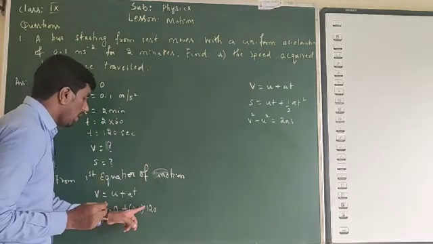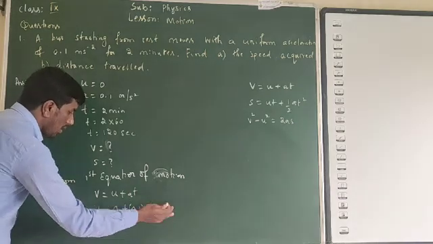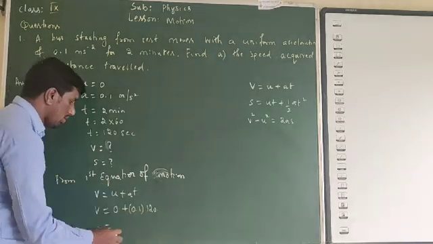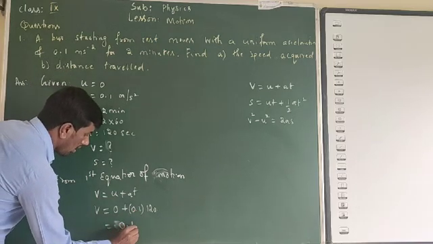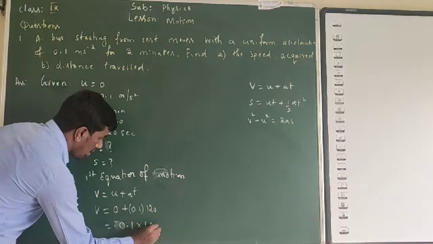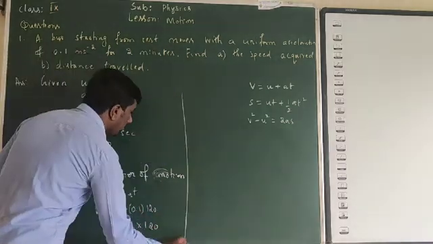So 0 plus 0.1 into 120. If you add 0 to that, there is no change, so it is nothing but 0.1 into 120.